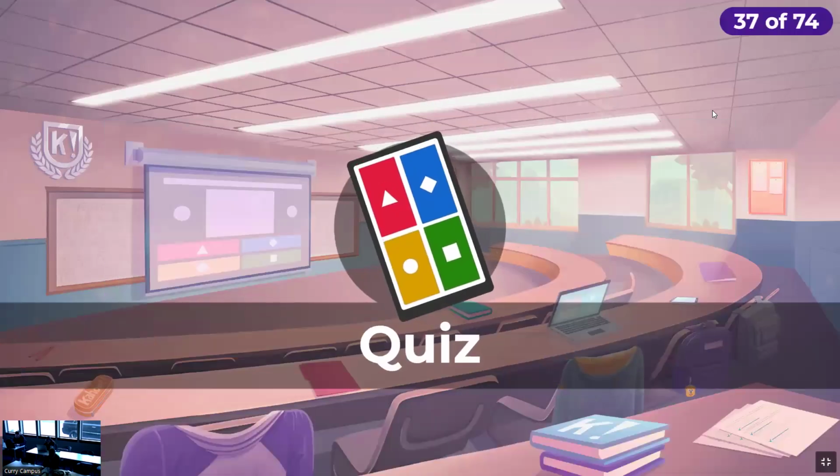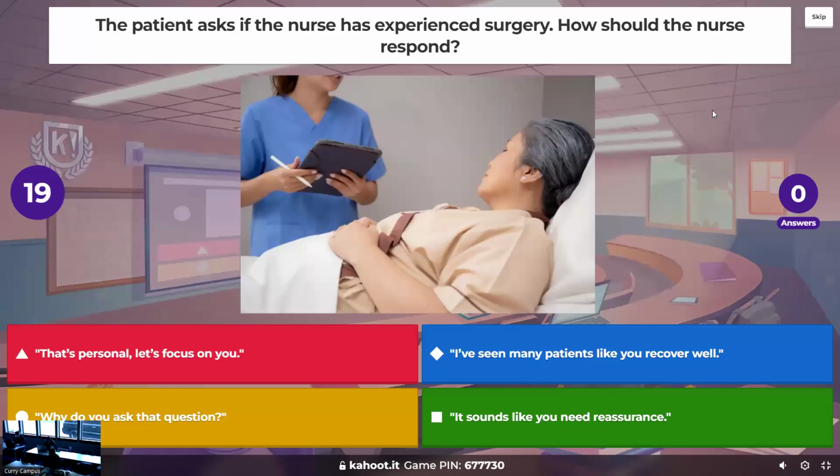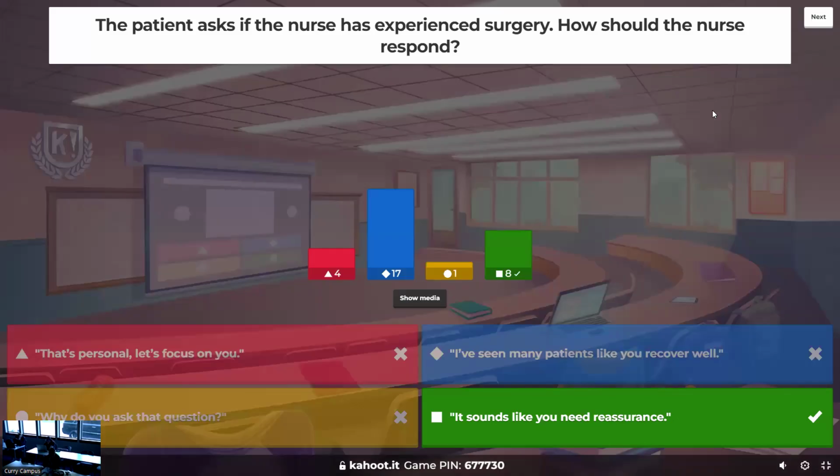Yep. And the patient asks if the nurse has experienced surgery. How should the nurse respond? The yellow is, why did you ask that question? It sounds like you need reassurance.